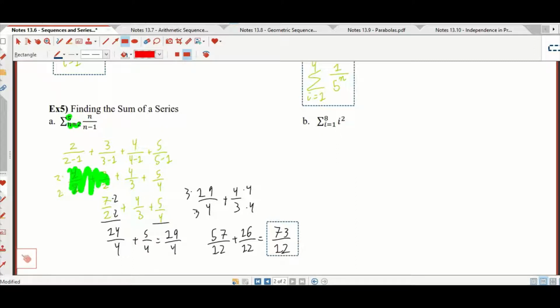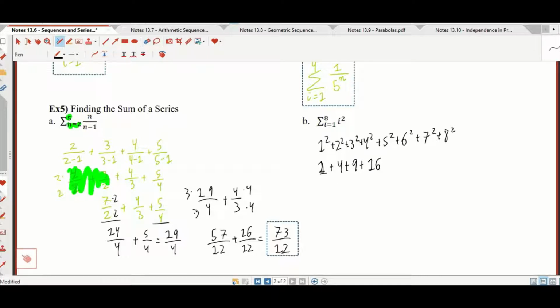Now this one's i equals 1 up to 8 of i squared. That is 1 squared plus 2 squared plus 3 squared plus 4 squared plus 5 squared plus 6 squared plus 7 squared plus 8 squared. And hopefully remember our perfect squares. That's going to turn into 1 plus 4 plus 9 plus 16 plus 25 plus 36 plus 49 plus 8 squared, which is 64.